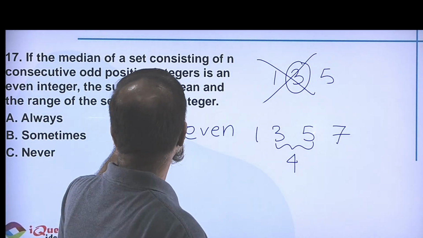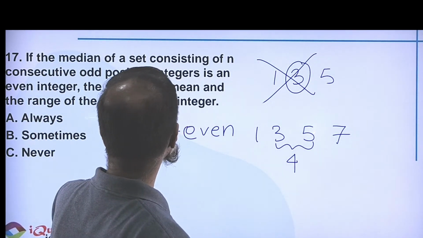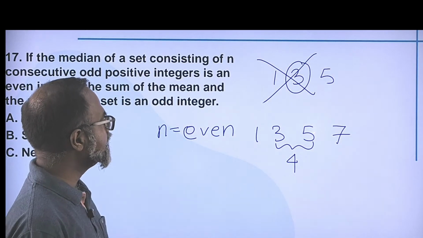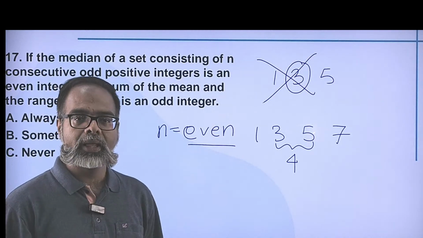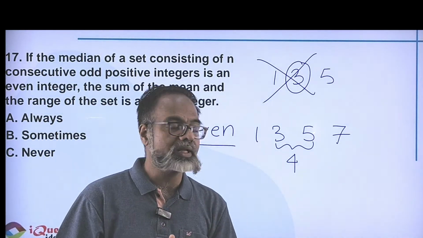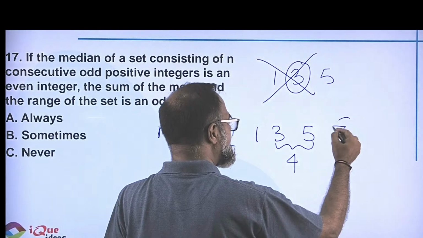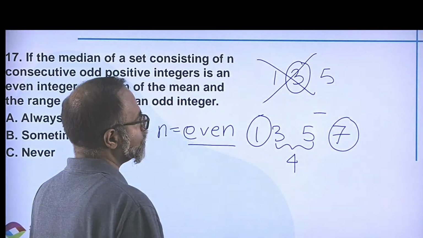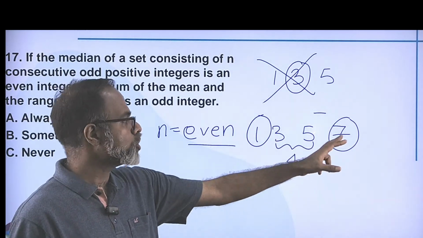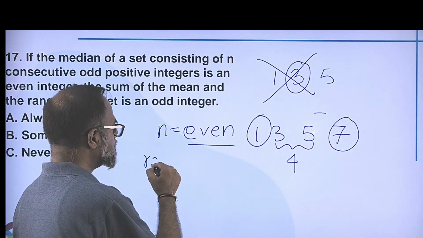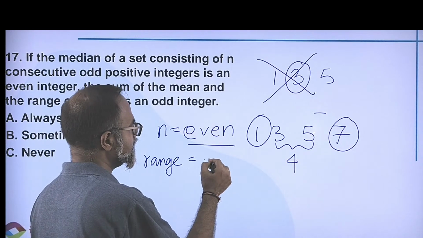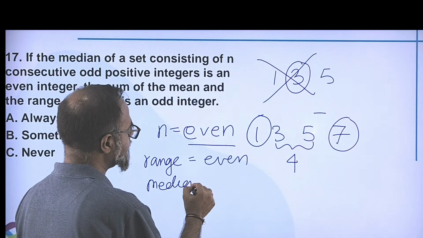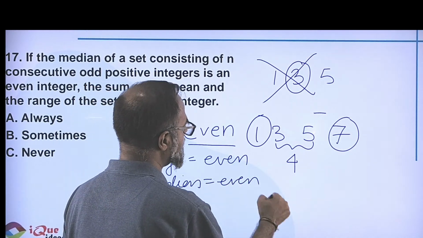Great. The sum of the mean and the range of the set. Okay. So the mean is an even number. What is meant by range of the set? Well, last number minus the first number is the range. Now all the numbers are odd numbers, so odd minus odd, the range of the set is also going to be even. The median of the set is also going to be an even number.